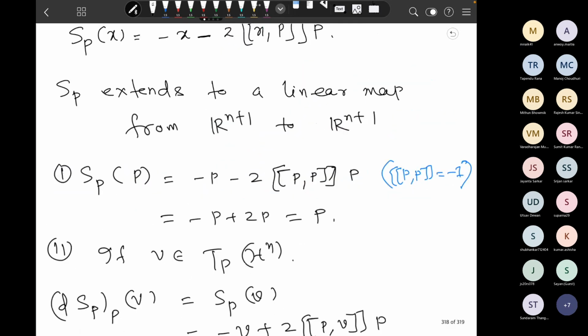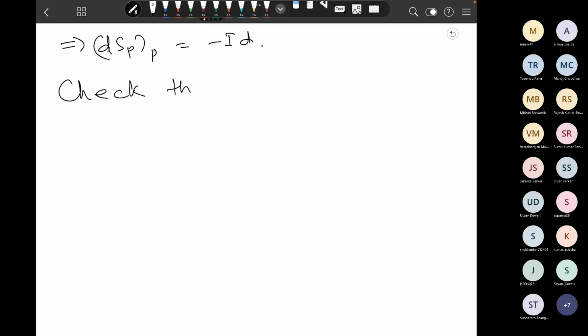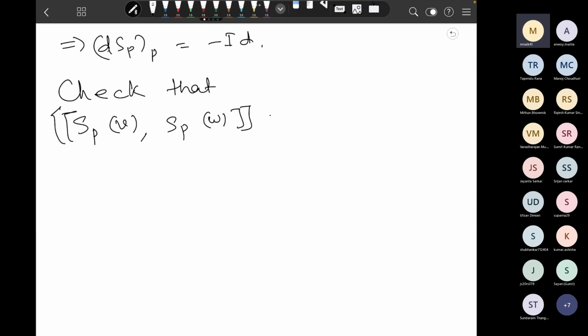Now what I am getting: DSP at P is minus identity. What I have to show is that SP belongs to the isometry group of Hn. For that, SP of P, I am leaving this thing, check that. So <SP(v), SP(w)> is equal to <v,w>. You just check that for all v, w belonging to Rn+1. This is an exercise, and it is easy.